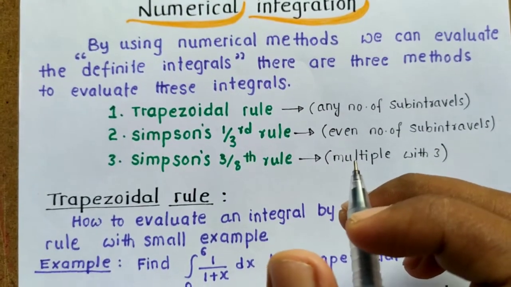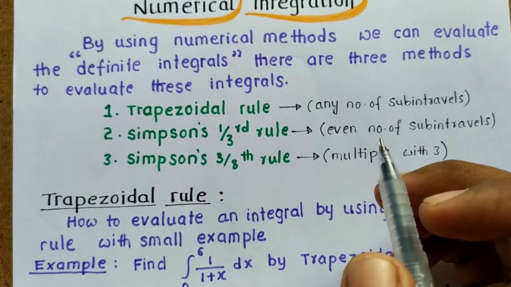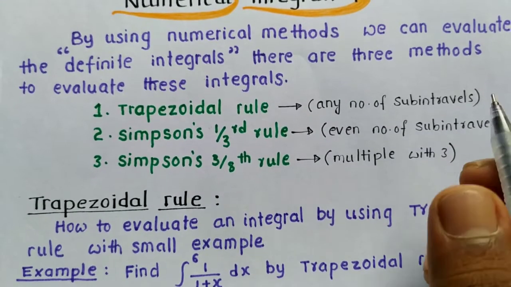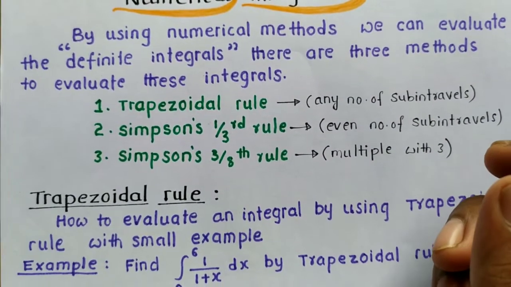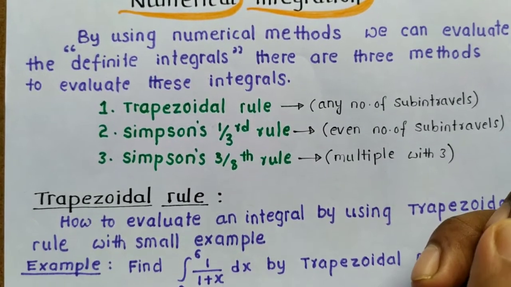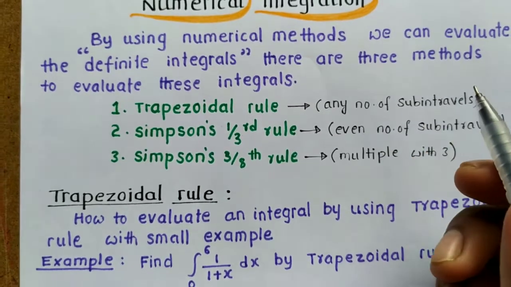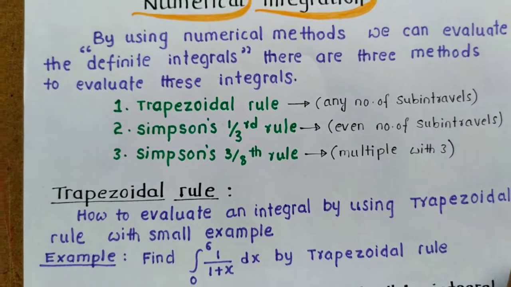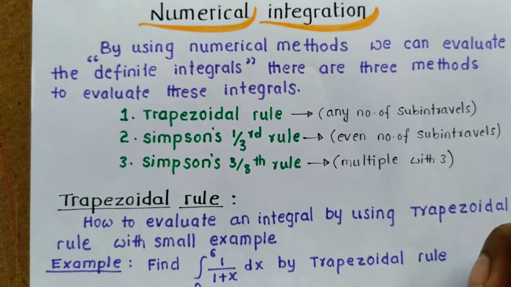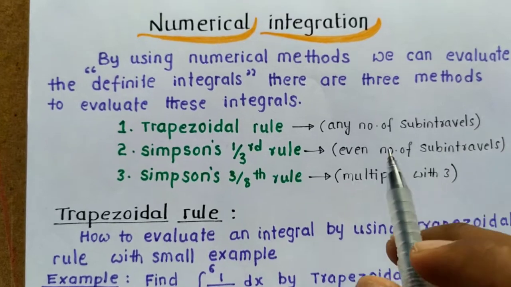If you take a small number of subintervals, you get an inaccurate value. You get a value, but it is not accurate. You can take a minimum of 6, 8, or 9 subintervals to get an accurate value.